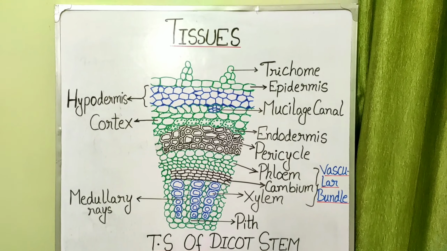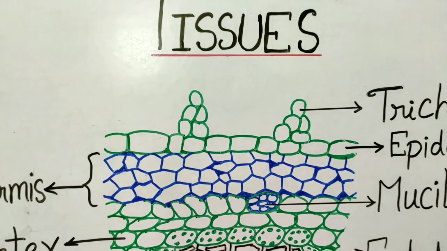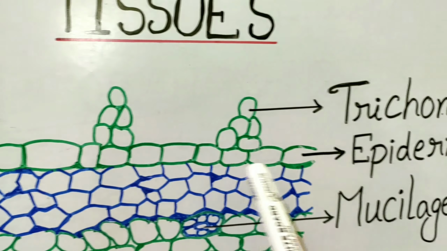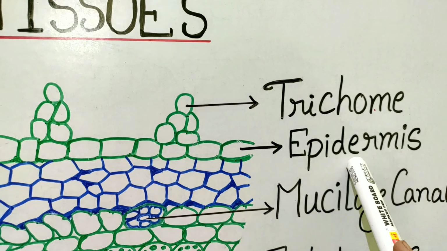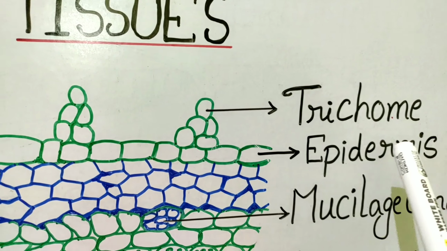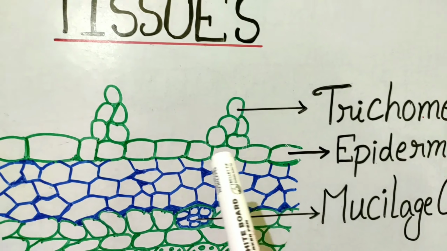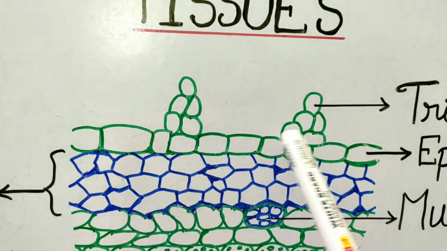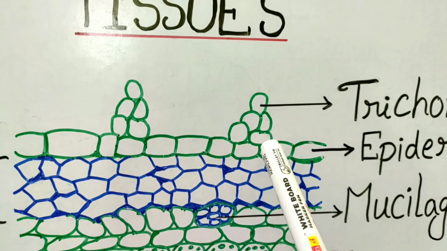Okay, so let us get it closer. The first layer of the tissues is called the epidermis. The epidermis in case of roots is provided with unicellular root hair cells, if you remember. In case of stem, the epidermis is provided with multicellular hair-like structures. It is not unicellular.